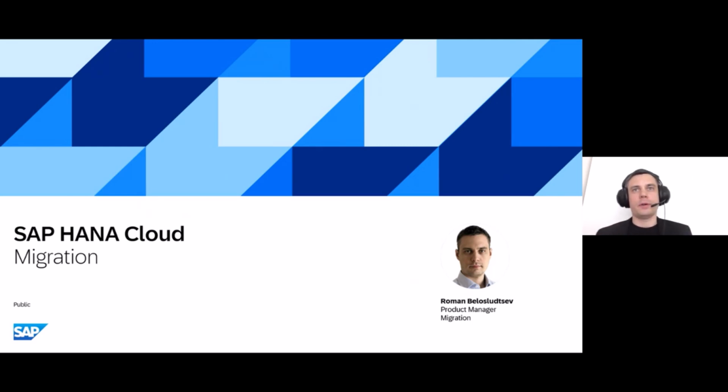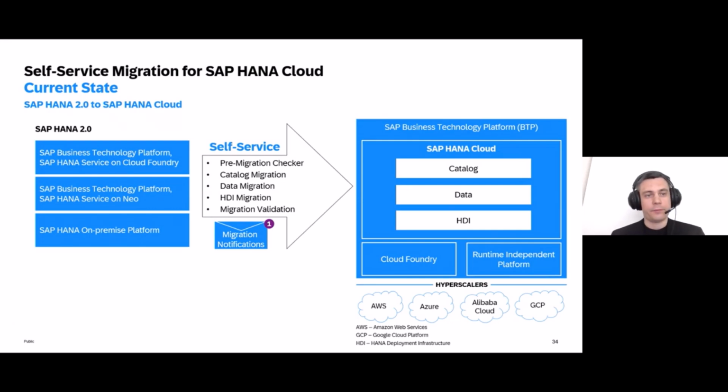I'm Roman. I'm leading the SAP HANA to SAP HANA Cloud migration topic, and my primary responsibility is migration tooling and services. So if you have SAP HANA 2 in one of those flavors, for instance SAP BTP HANA Service on Cloud Foundry, or SAP BTP HANA Service on Neo, or SAP HANA on-premise, you can actually migrate those using our self-service migration tool for SAP HANA Cloud.